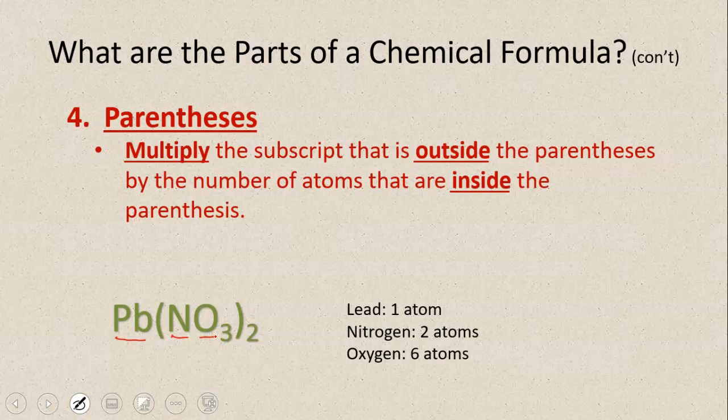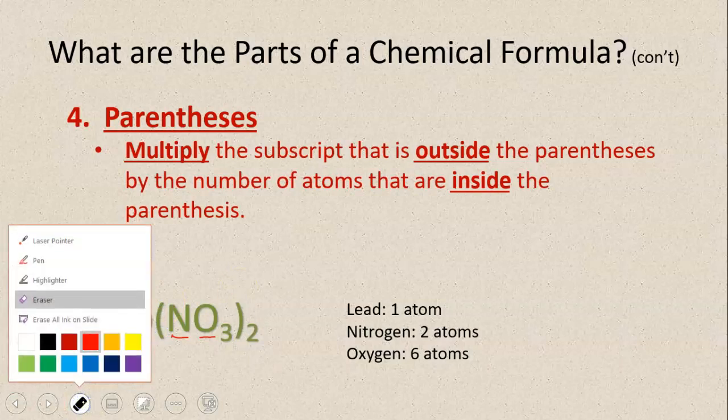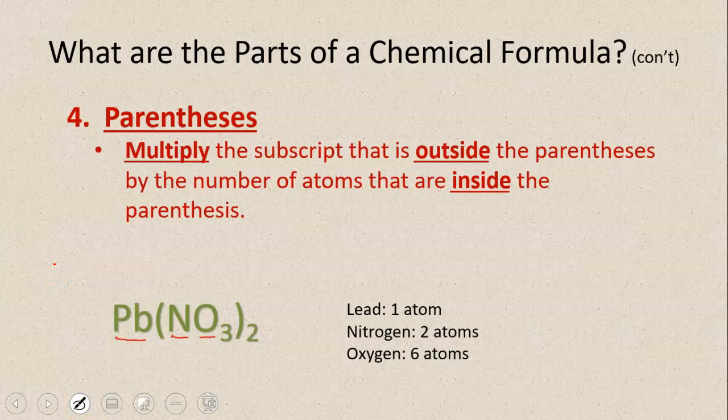Okay, so we have a set of parentheses here that are not imaginary ones like before. These are actual parentheses. All right, so let me get rid of those copied over parentheses there. So we've got parentheses there. Now these parentheses do not in any way affect the lead.